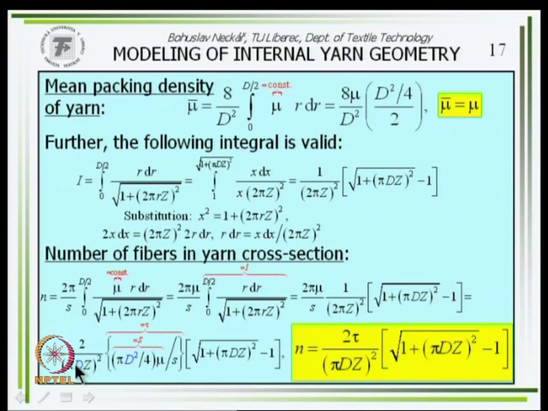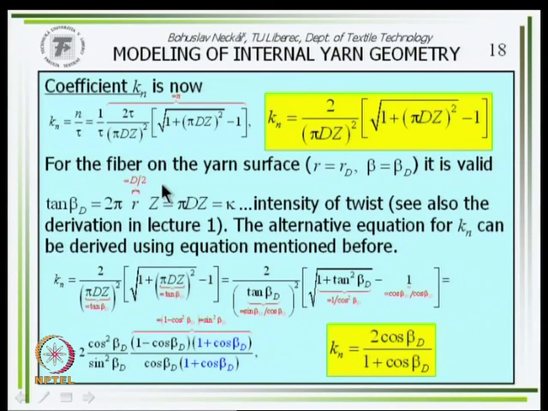And after small rearranging, where we multiply and divide by d squared, we understand that this is capital S, so that this is tau, you know, from earlier trivial equations. We obtain the number of fibers in this form. And Kn, because it's n by tau, is given by this equation.